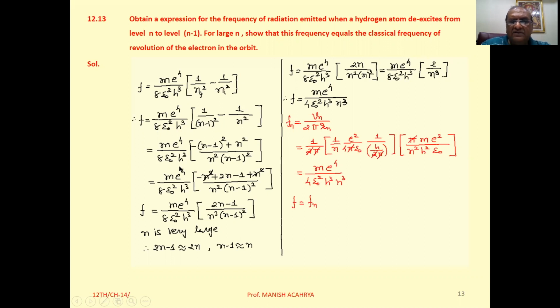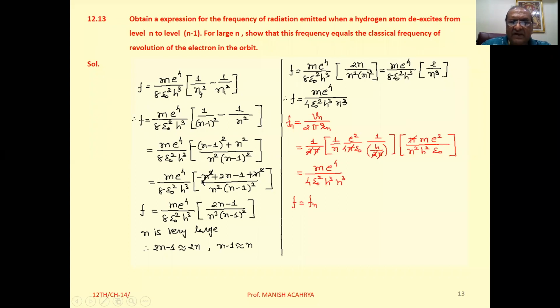So this multiple constant stays as it is, and here now take cross multiplication, and we will get n square into (n minus 1) whole square in the denominator, and in the numerator minus (n minus 1) whole square plus n square. Again the constant in the multiple of this bracket will stay as it is.